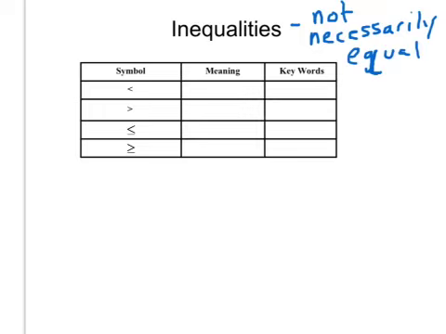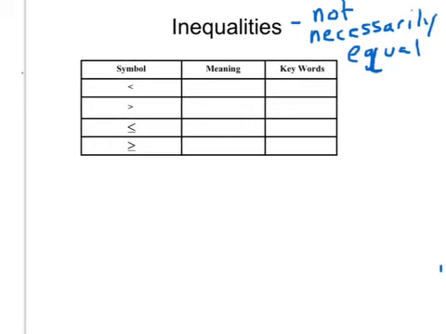Alright, so symbols. This first one right here, should remember this. The meaning of that one is less than. Keywords that you would see for less than, most time when it means less than, it's going to say less than.